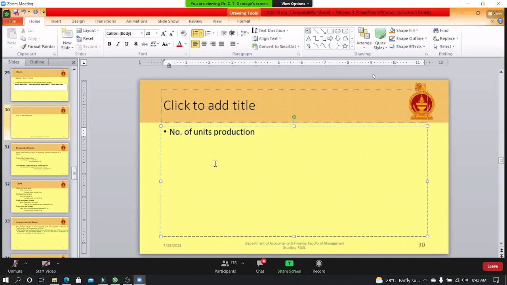So when we are going there, there is a formula to calculate. If we have a number of units, use the number of units for calculating the depreciation. How we got it?